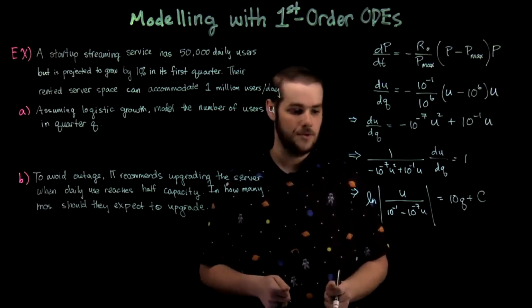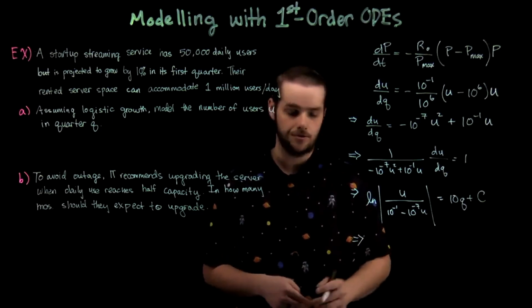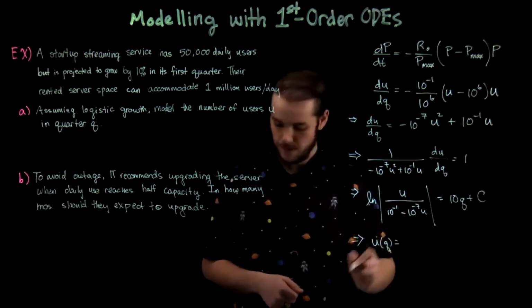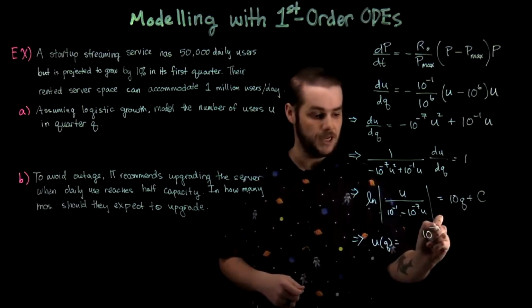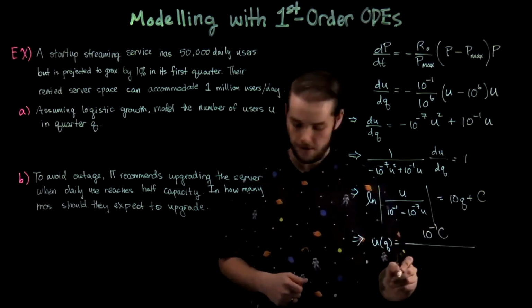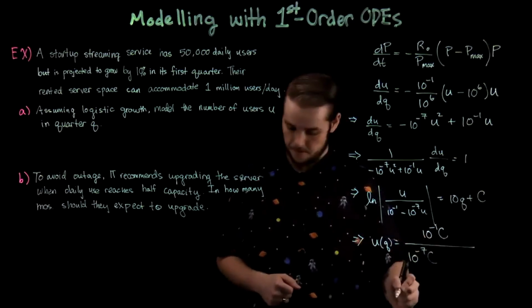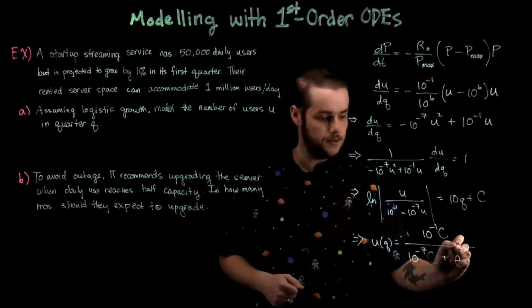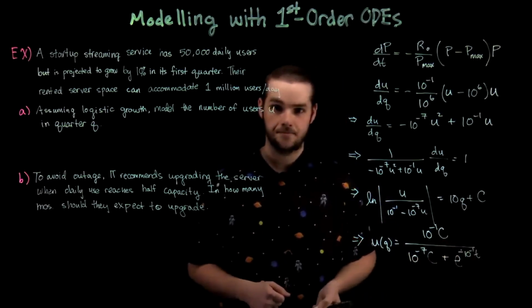Last thing to do is to isolate u, and then we'll have our general solution. If I do that, I get that u of q is equal to 10 to the minus 1 c over 10 to the minus 7 c plus e to the negative 10 to the minus 1 q.